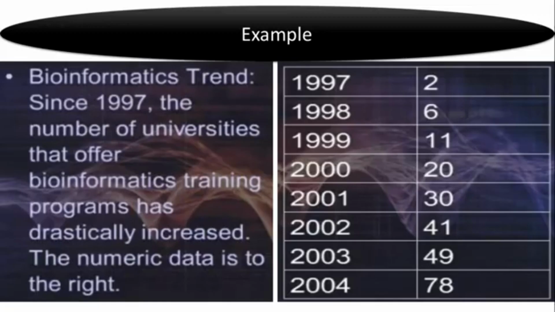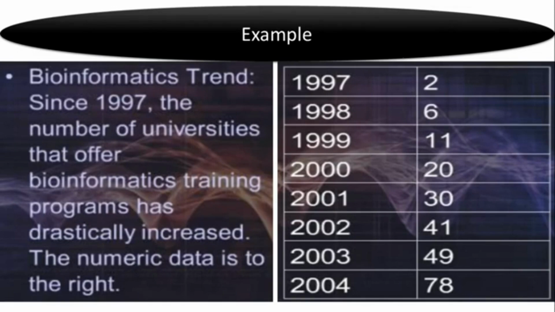As an example, we have this bioinformatics trend since 1997. The number of universities that offer bioinformatics training programs has drastically increased, as you can see in this figure on the right of the screen. The numerical data is to the right.